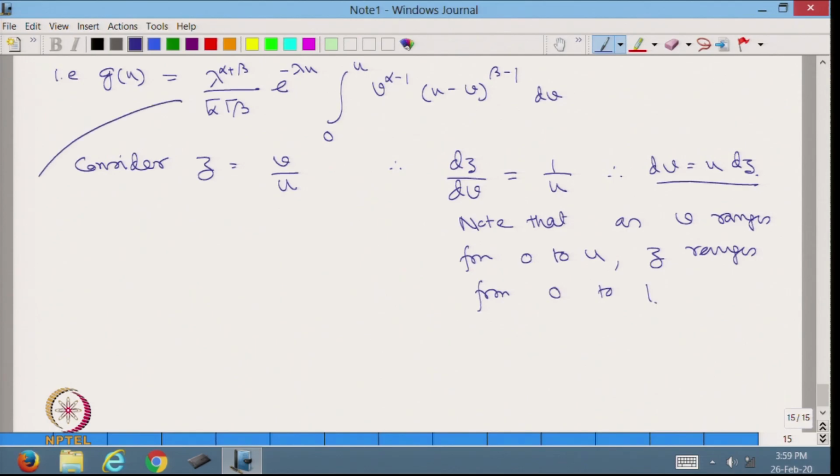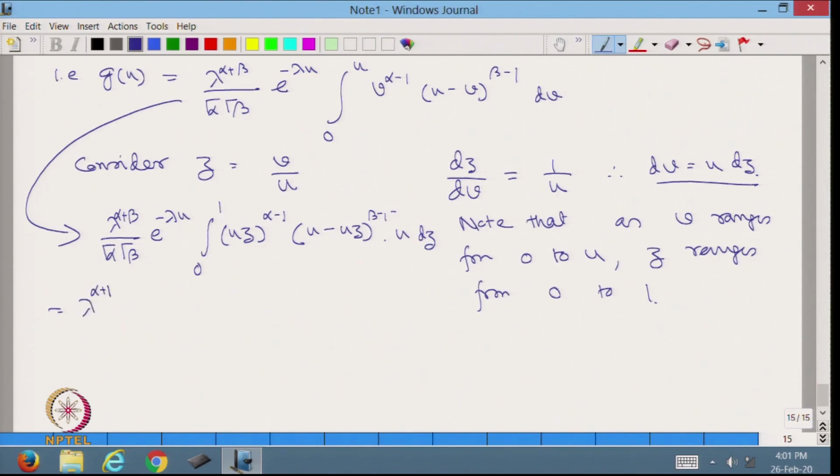Therefore, this boils down to lambda power alpha plus beta upon gamma alpha gamma beta, e to the power minus lambda u, integration 0 to 1 of (u z) to the power alpha minus 1 into (u minus u z) to the power beta minus 1 multiplied by u dz, which is equal to lambda power alpha plus beta upon gamma alpha gamma beta e to the power minus lambda u.